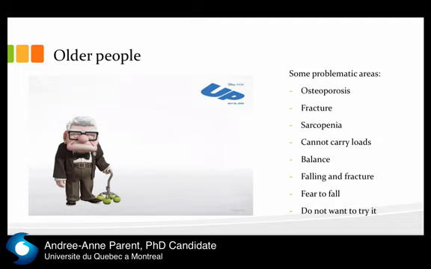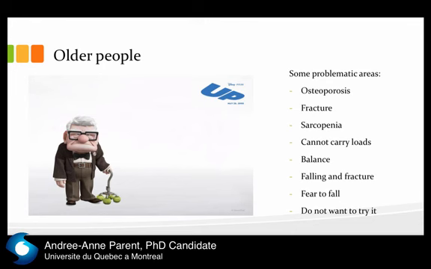So how can you do this really secure for falling and for fracture, because they have a big fear. The biggest fear of senior people is to fall, because some people at this age who fall and have a fracture go to the hospital for an operation and can die during this operation. So it's the biggest fear of these people, and they maybe just do not want to try it because they have fear to fall.